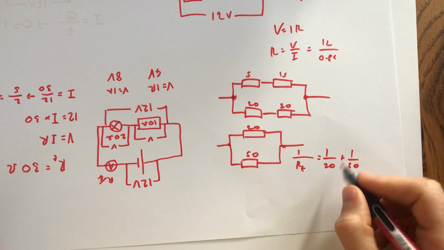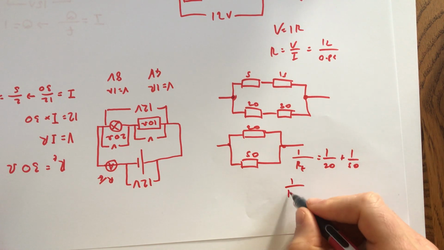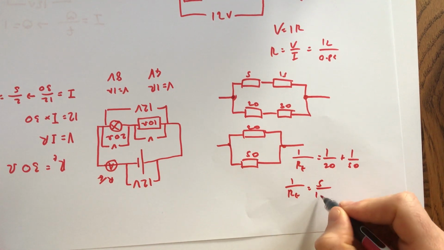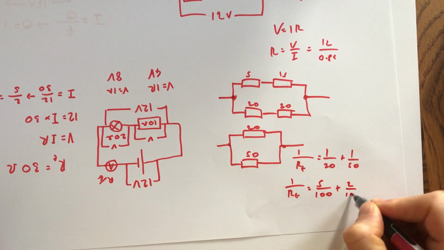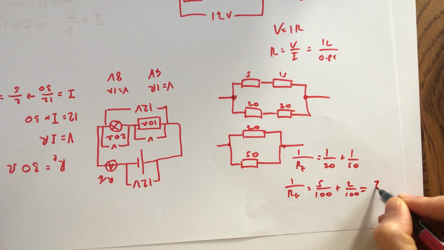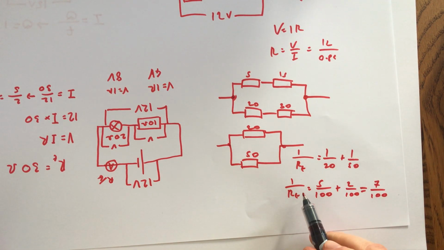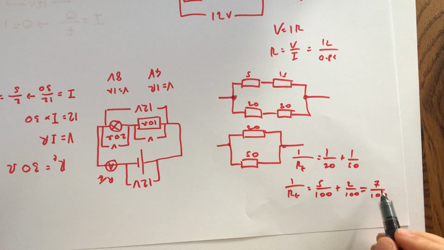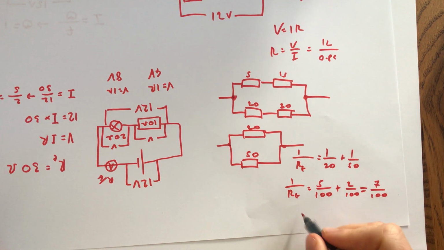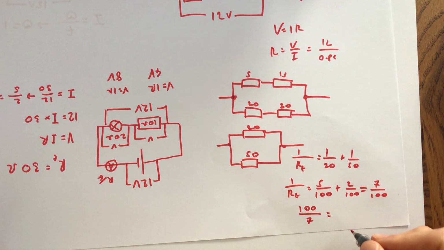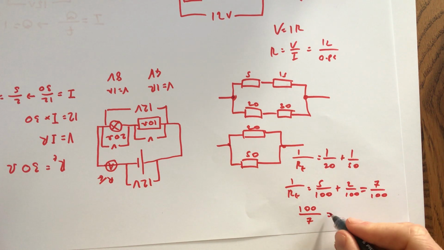So, 1 over RT is equal to 5 over 100 plus 2 over 100, which gives us 7 over 100. So we've got to do the reciprocal of this to get the total resistance. That would be 100 divided by 7, which I'm sure I can't do in my head, but it's about 14.